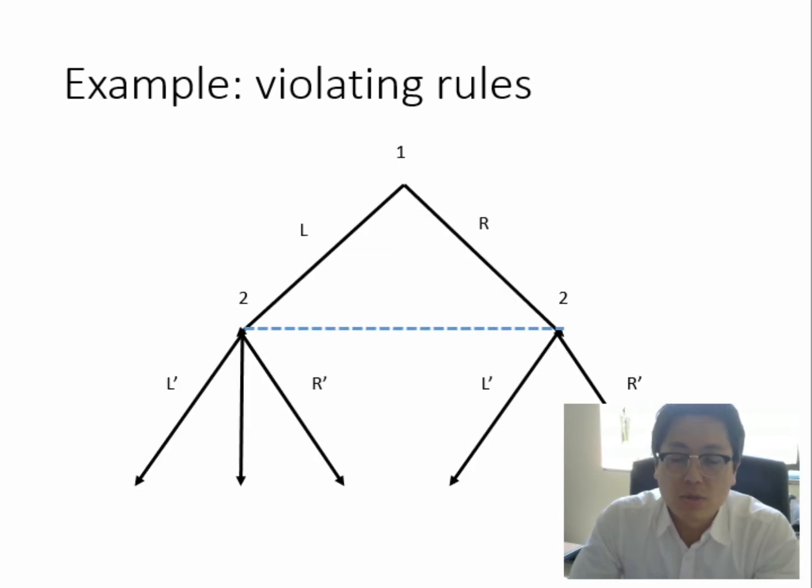Likewise, even though these nodes belong to the same player, the second player, the successors or the branches from those nodes are different.